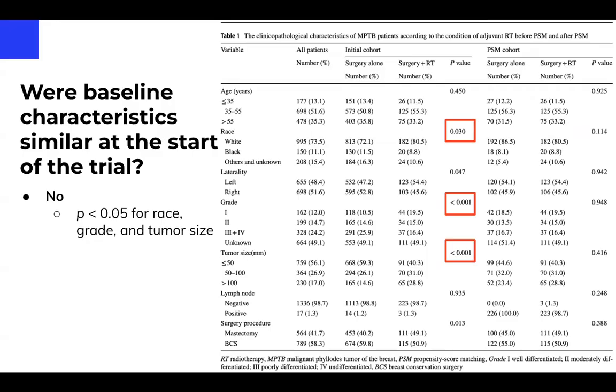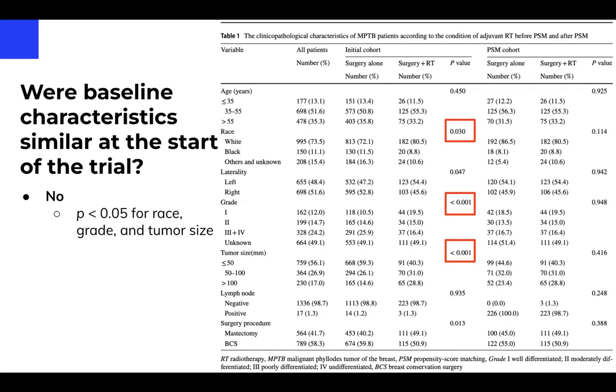Next, were baseline characteristics similar at the start of the trial? No. So here is the table 1 of the study, listing down the characteristics between the two groups, whether those who received radiotherapy and those who did not. And they were described in terms of the age, race, laterality of the phyllodes tumor, the grade, tumor size, lymph node involvement, and surgery procedure, whether a mastectomy or a breast conservation procedure.